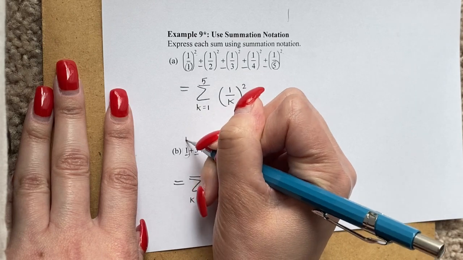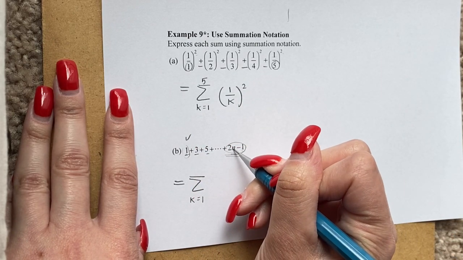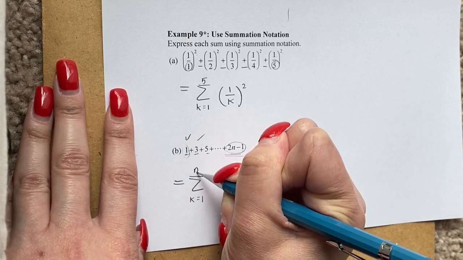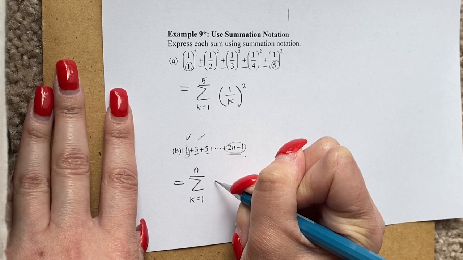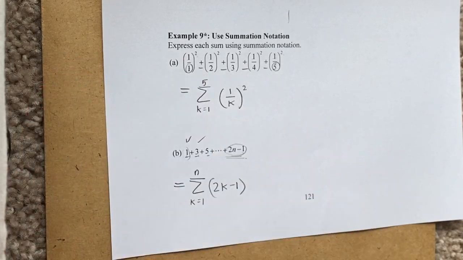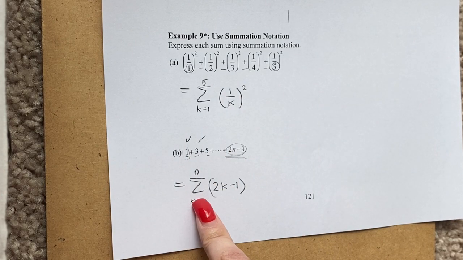Do you agree with that? If we plug 2 here, what do you have? 2 times 2 is 4, minus 1, 3. So the formula is going to be 2k minus 1, and that's it. Don't let the notation intimidate you. This is basically a collection of sums of addition.